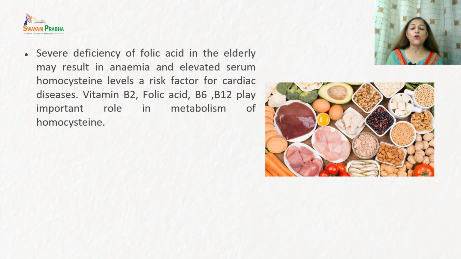Severe deficiency of folic acid in the elderly can result in anemia, and it can elevate serum homocysteine levels, which is a risk factor for cardiovascular diseases. So vitamin B2, that is riboflavin, folic acid, vitamin B6, that is pyridoxine, and vitamin B12, that is cyanocobalamin, together play an important role in the metabolism of homocysteine.